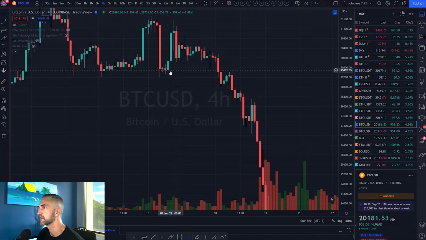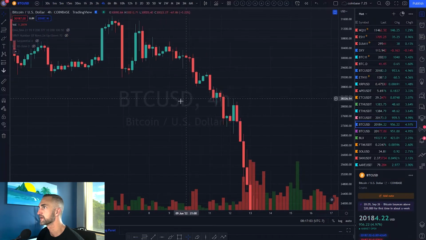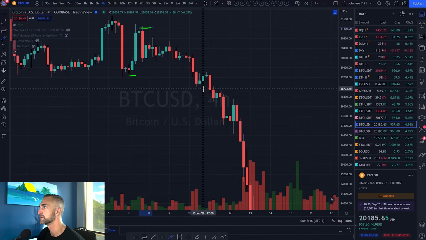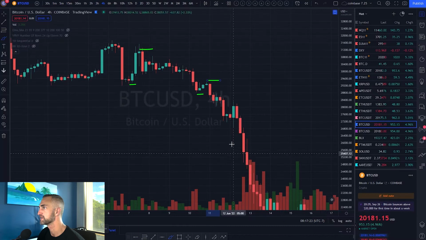No, it was not. Okay, so we have the lower high. We get the lower low and lower high. There you go. So there's the 4 pivots we're looking at. 1, 2, 3, 4. That was your trend reversal, and that got you a nice move down.